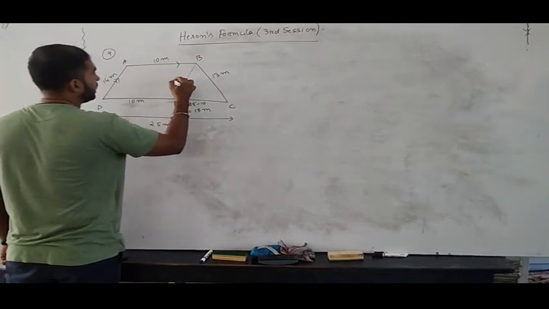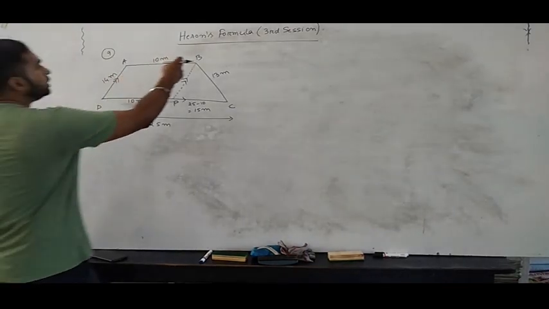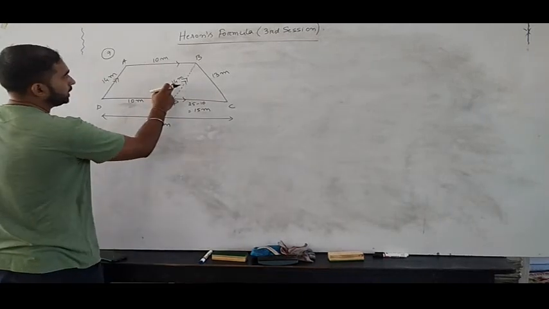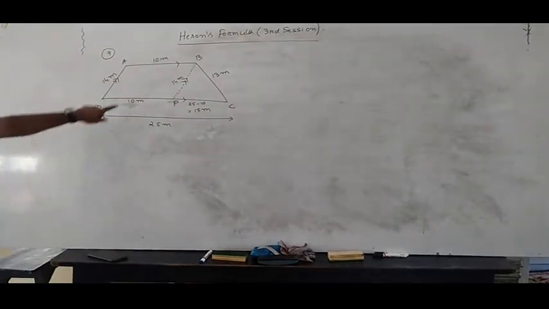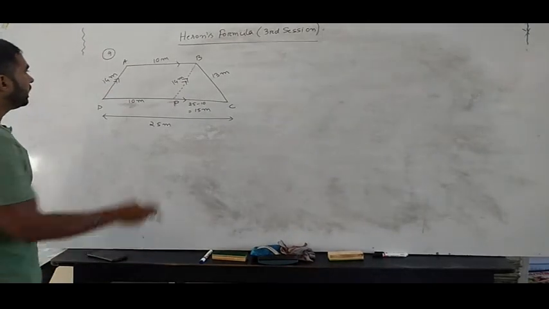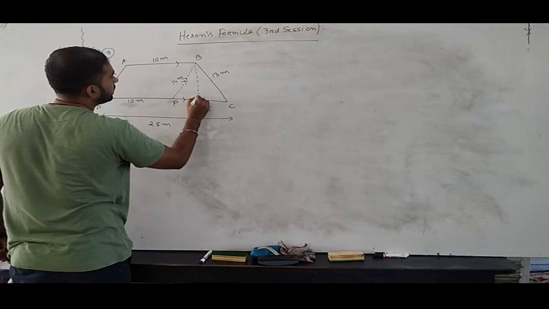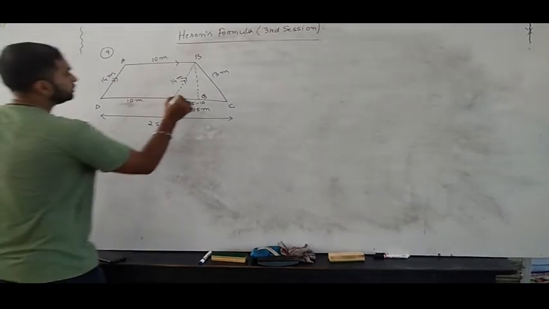And these two are parallel, that's why this one is also 14 meter. Now this is a triangle where all the three sides are known to us and they are 14, 13 and 15. So by using Heron's formula we can find the area of this triangle, and after that we can find the area of the trapezium also.